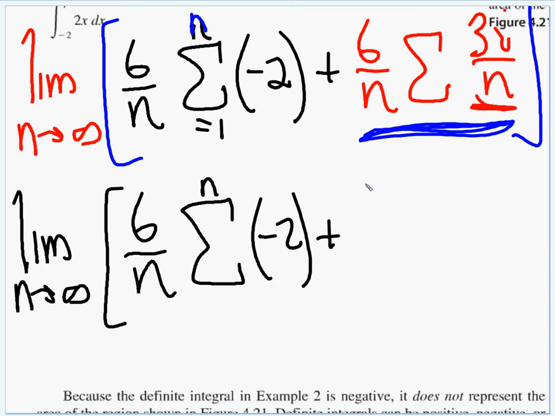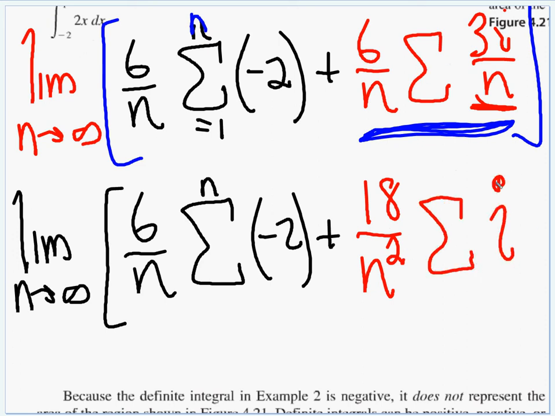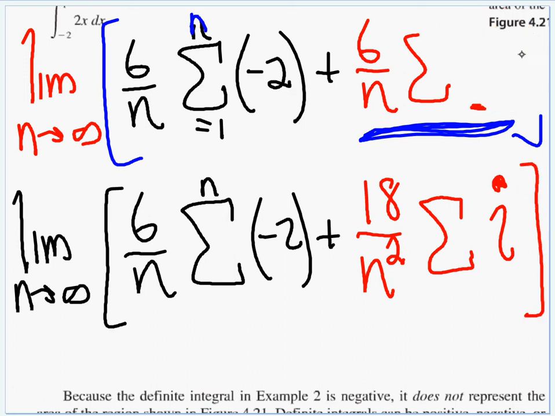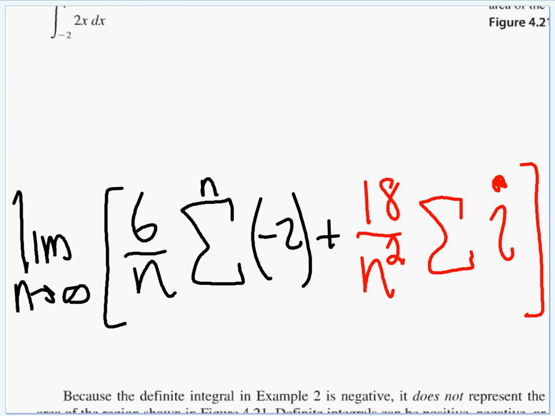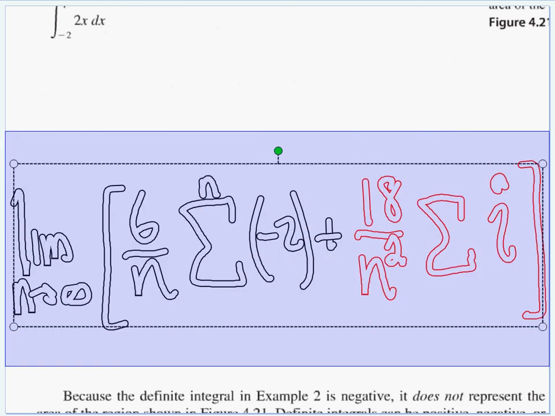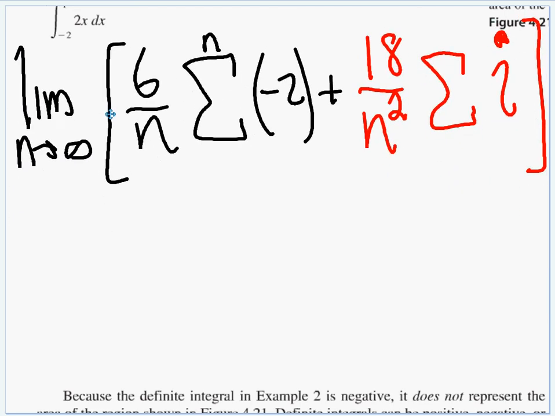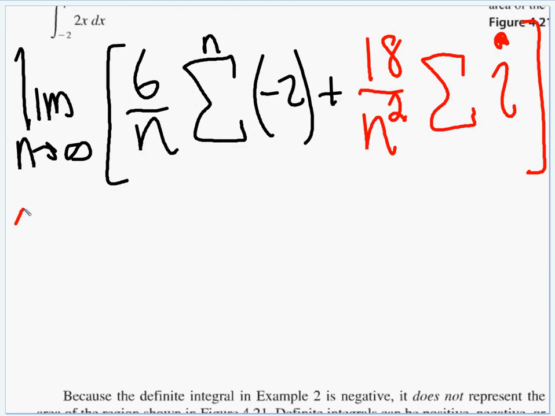That's going to be 18 over n squared, and then after the summation symbol, we're just going to have the i left. We pulled the 3 over n out front. Okay, we are ready to get rid of the summations and the i's by using our formulas.